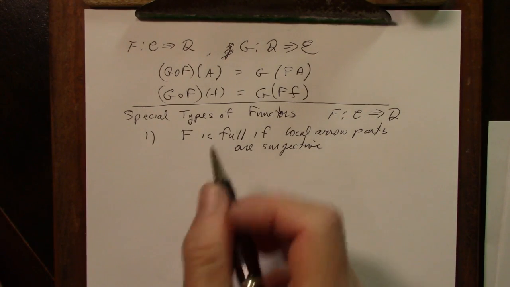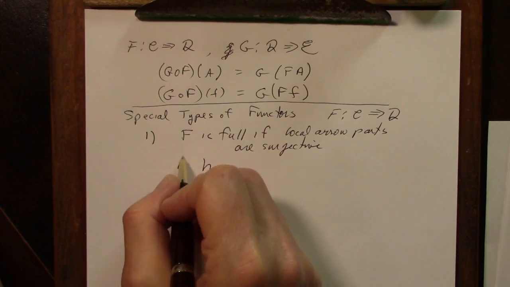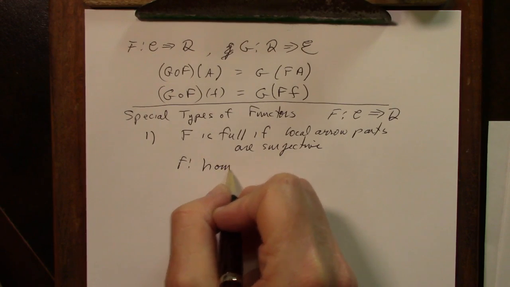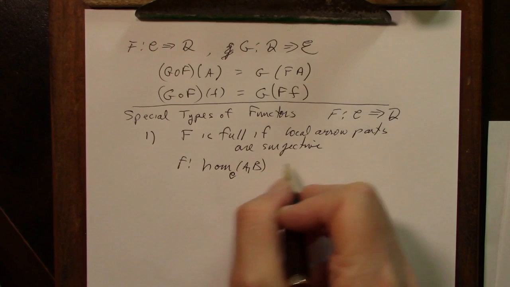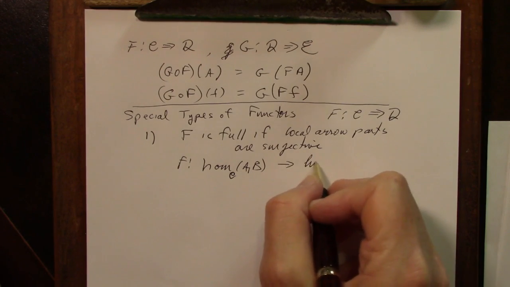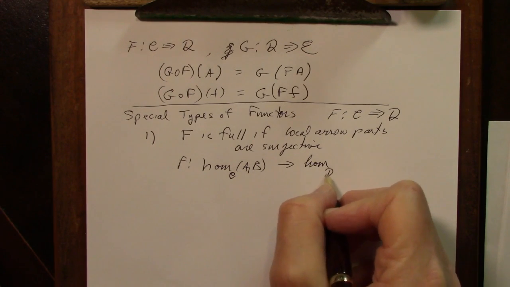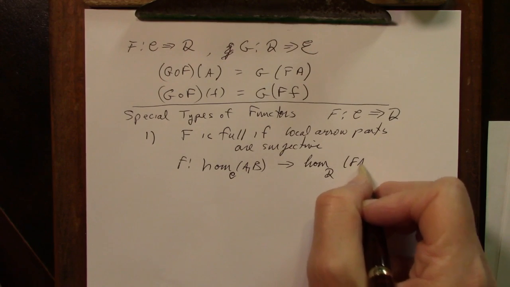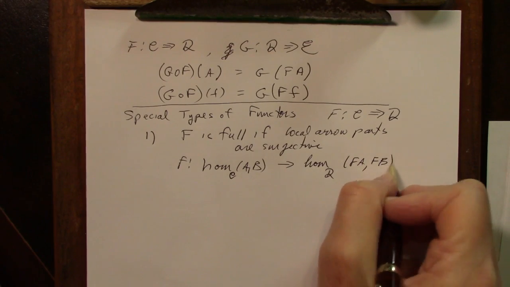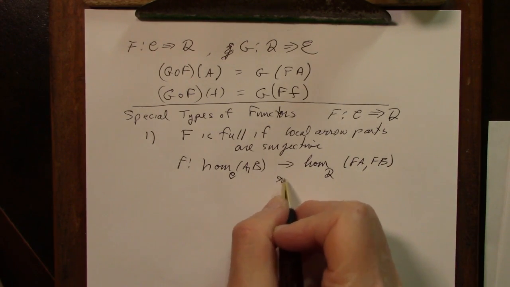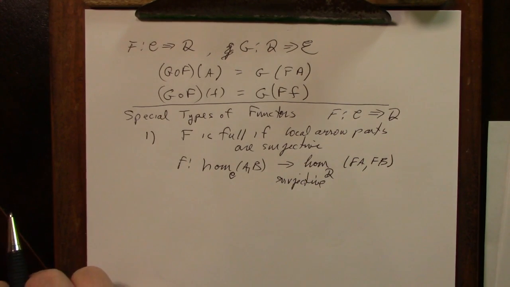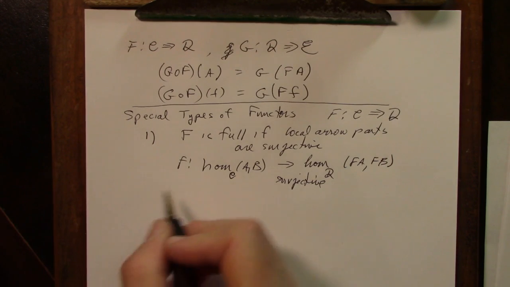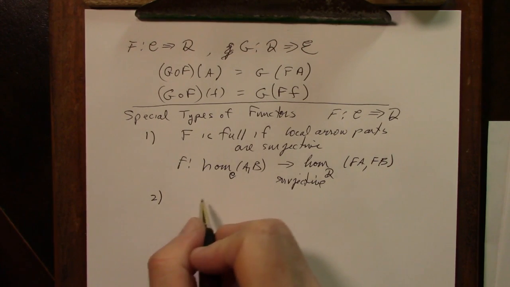So that means that the local arrow part, Hom AB to Hom FA, FB, at least for the covariant case, is surjective. Okay, so then the functor is said to be full.